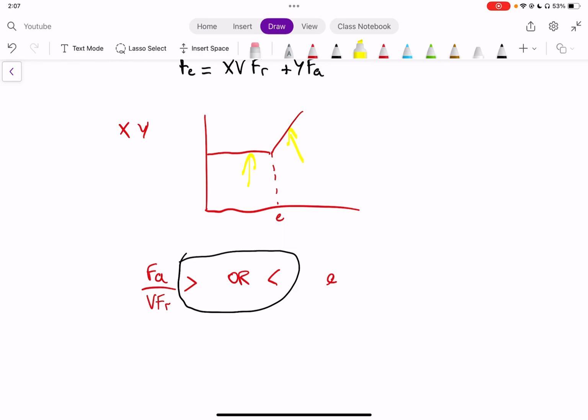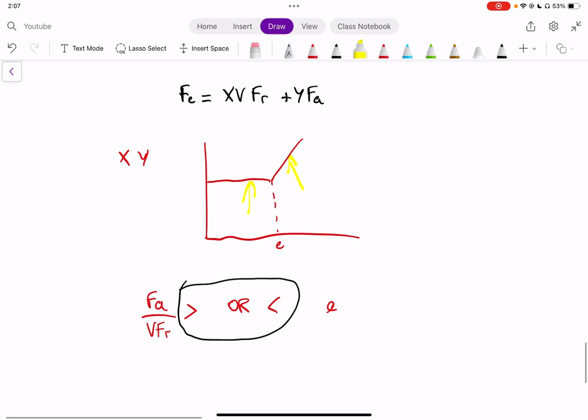So that's the first step in figuring out what my FE is equal to, because what I need to do is find my X and my Y.